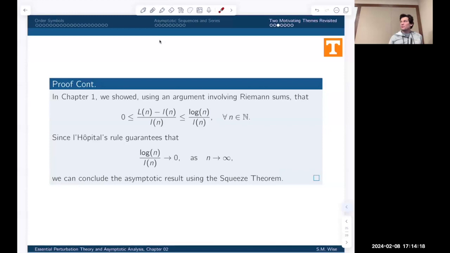But via L'Hopital's rule, this is just going to be infinity over infinity. So you have to take derivatives to evaluate the limit. And if you do that once or twice, I believe, then you can show that that quotient is tending towards 0 as n goes to infinity.